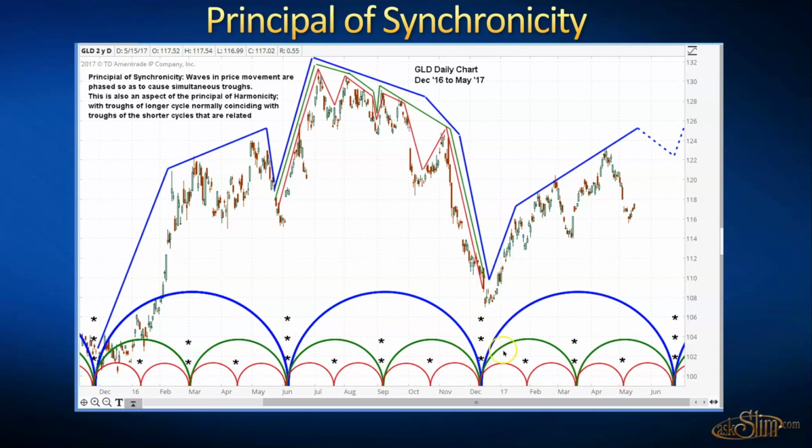And you could see how they all 3 moved up together in here, and the minor cycle formed here. And these stars in here that I put are just a little different way to show you when one cycle is making a trough, or 2 cycles are making a trough, or all 3 are making a trough. And that's really the important lesson in here in the principle of synchronicity.